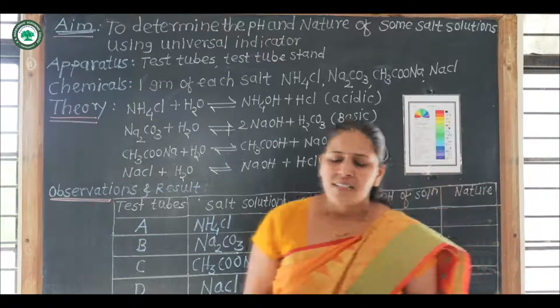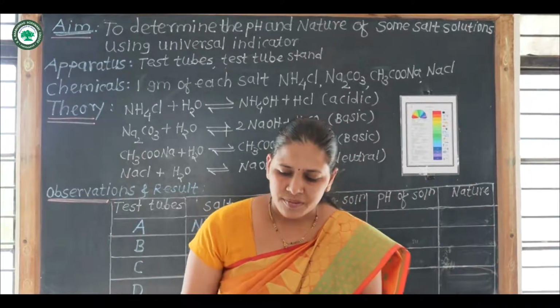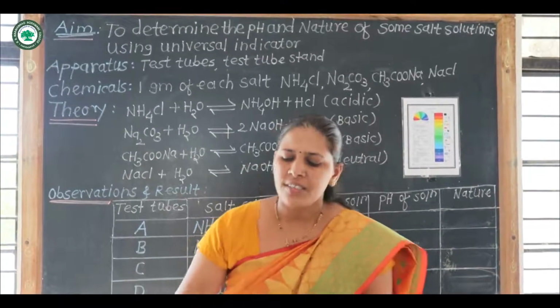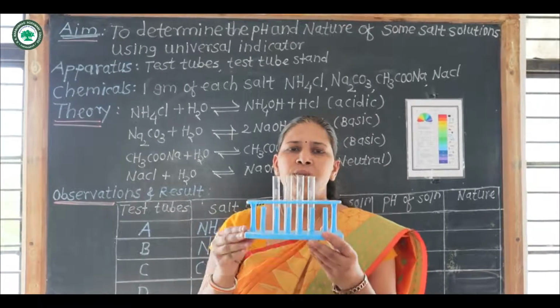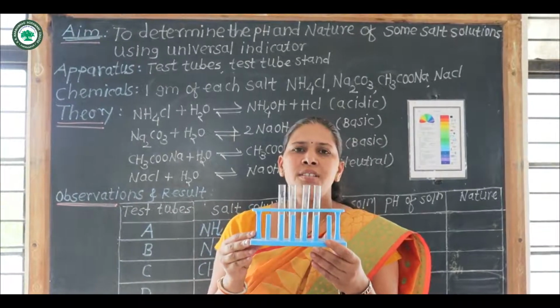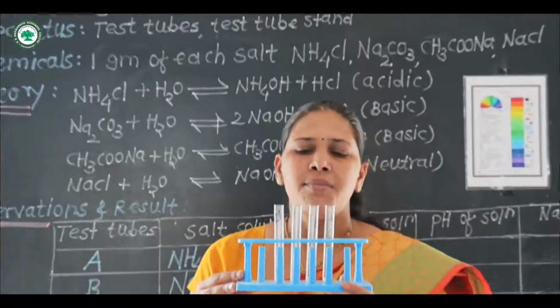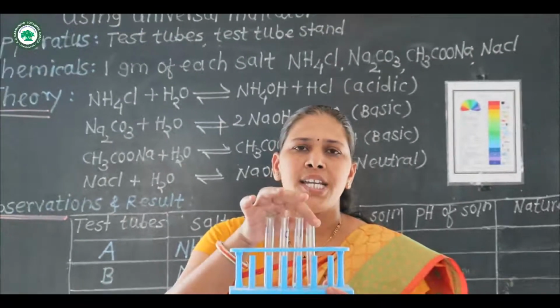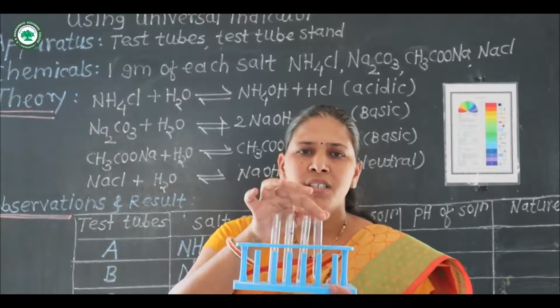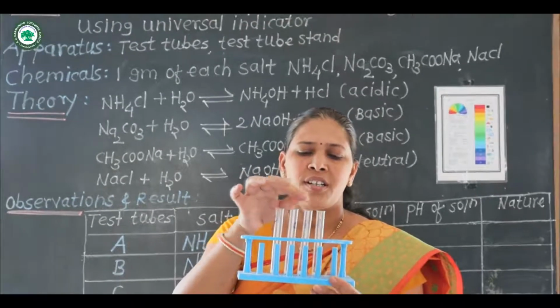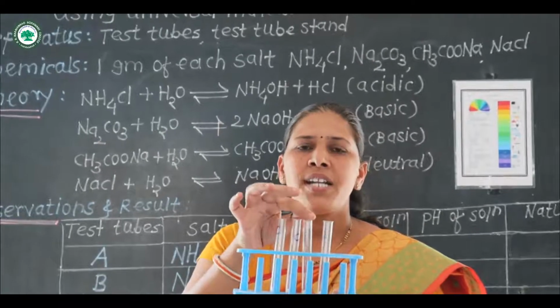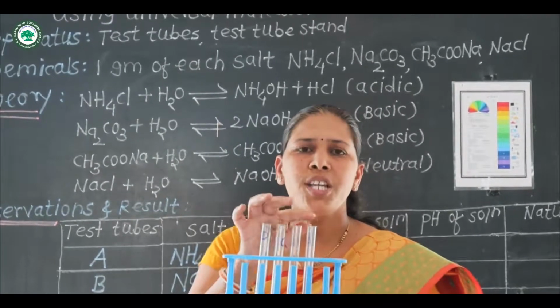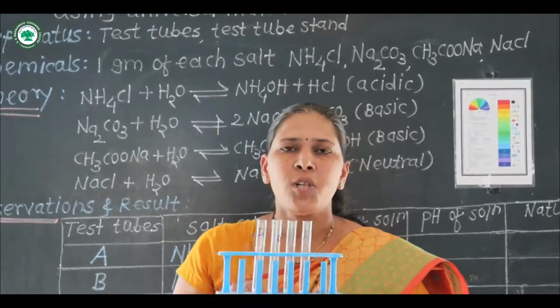Then let us start the experiment. Here I have taken 4 test tubes labeled with capital A, capital B, capital C, capital D. Test tube A contains ammonium chloride.